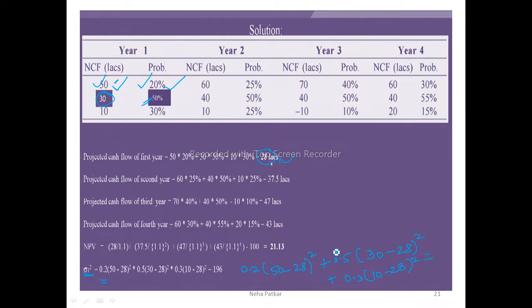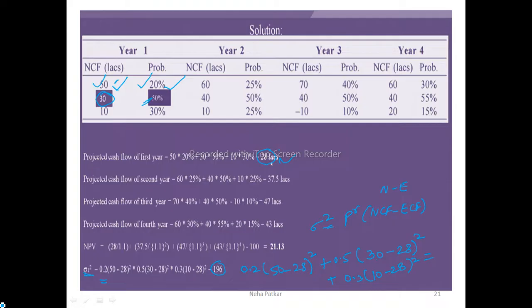When we solve it, we get 196. So this is sigma 1 square, and we can remember this formula: sigma square is the summation of probability multiplied by net cash flow minus expected cash flow, squared.